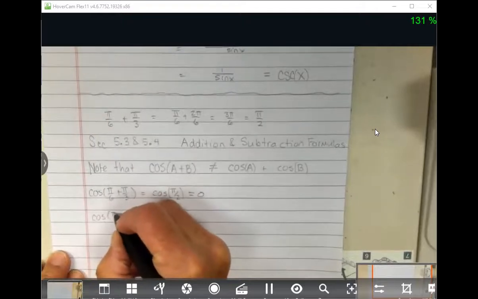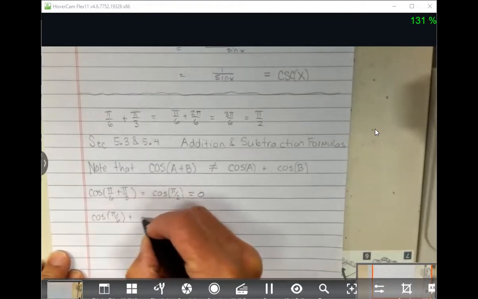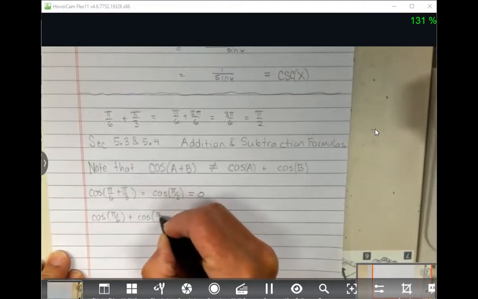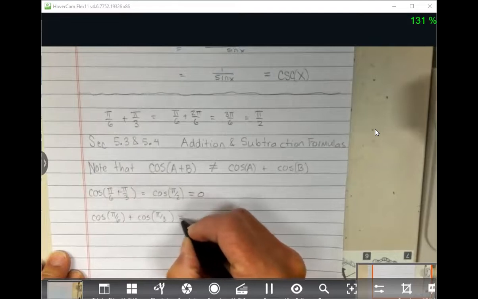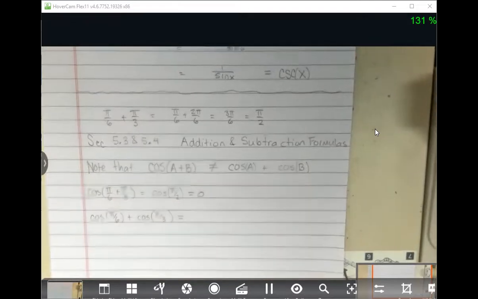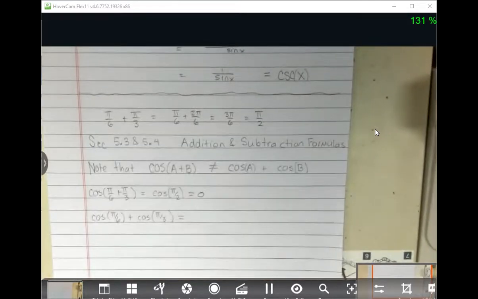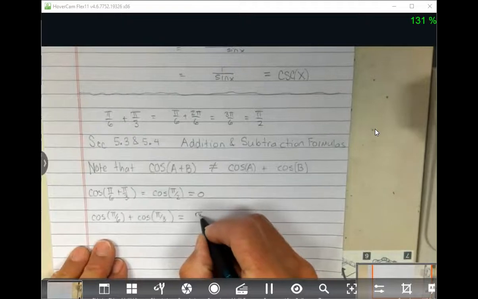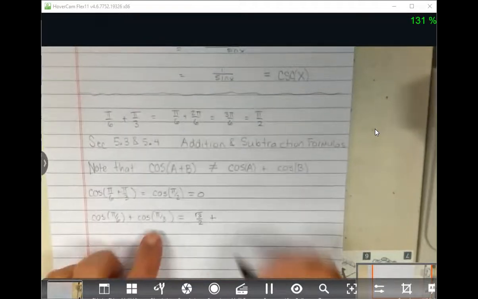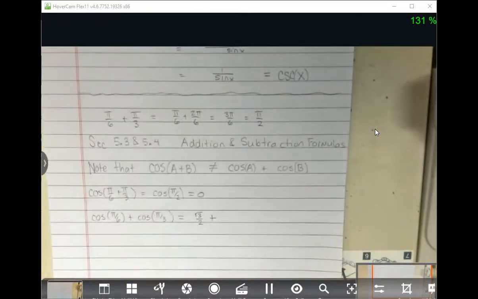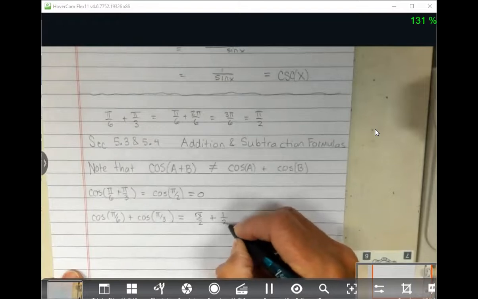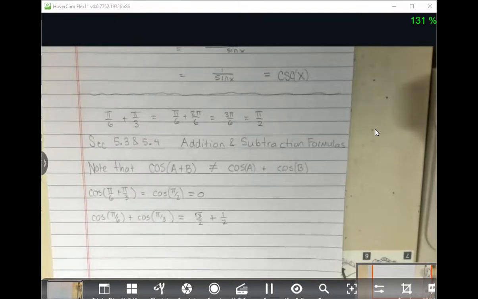Cosine of pi/6 plus the cosine of pi/3. All right, what is the cosine of pi/6? Square root of 3 over 2. And what is the cosine of pi/3? And where I come from, the square root of 3 over 2 plus a half is not 0.